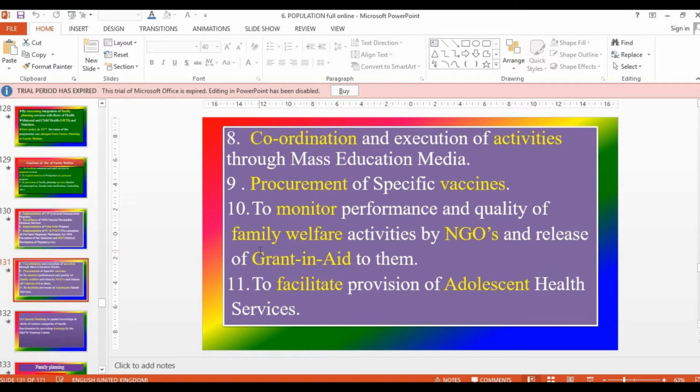Students, as we know, the maximum of family welfare programs as well as family planning is carried out through private hospitals and NGOs, non-governmental organizations. So the family welfare department monitors that program run by private hospitals or non-governmental organizations.